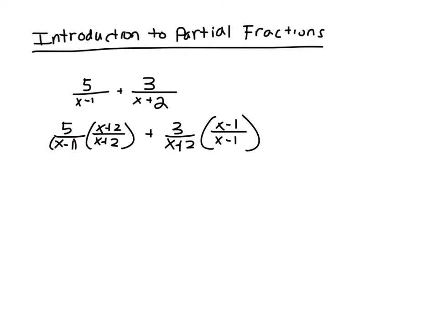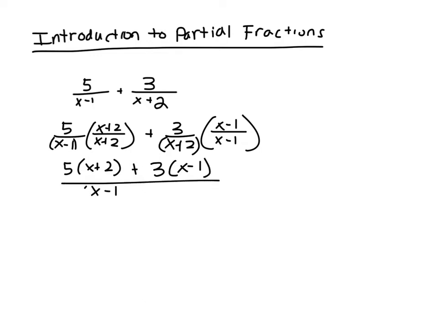Alright, so then I'll have 5 times x plus 2. Once I have the least common denominator, I'm going to multiply this by this, and add that to this times that. So plus 3 times x minus 1, and then whatever is on my least common denominator, so that'd be x minus 1, x plus 2. Okay, so let's just distribute.